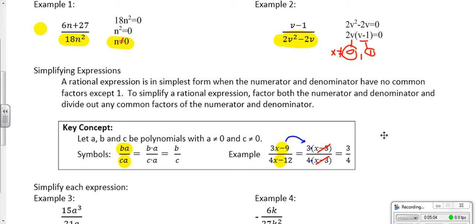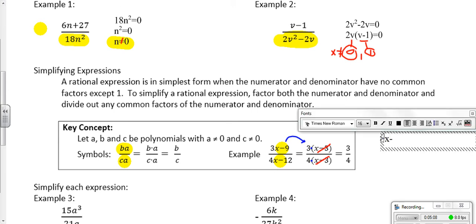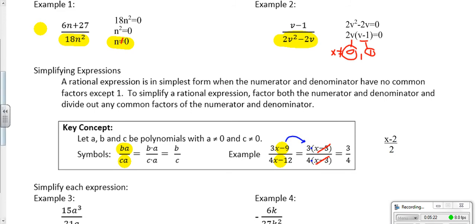This brings us to a very important piece of information. For example, if I have x minus 2 over 2, a rational expression like this, I cannot cancel the 2's out.